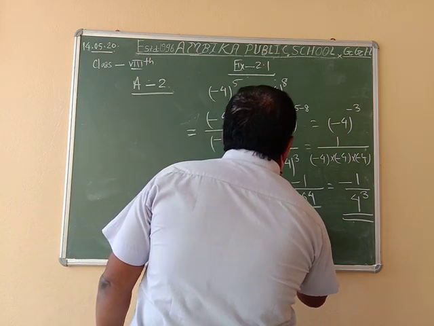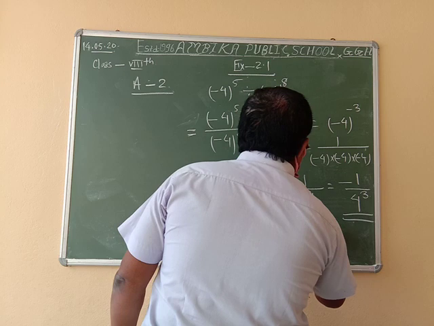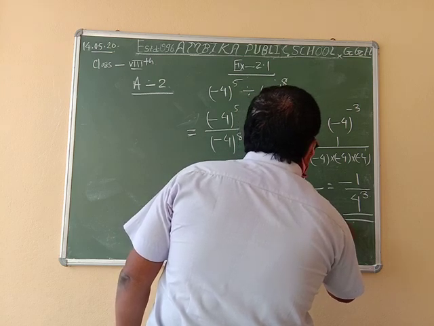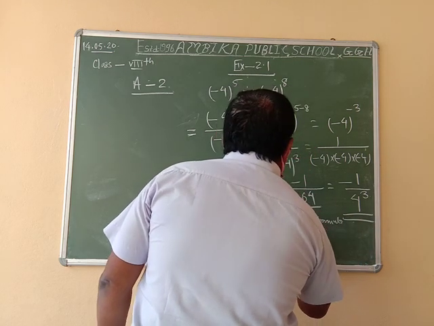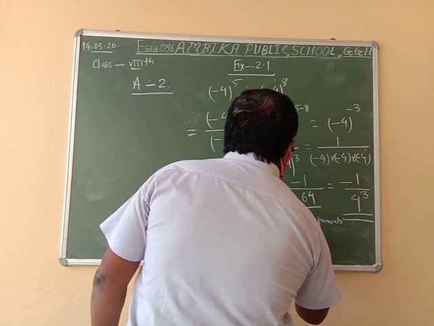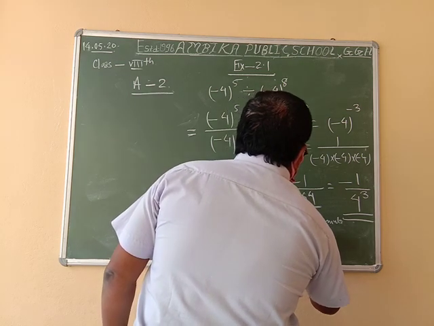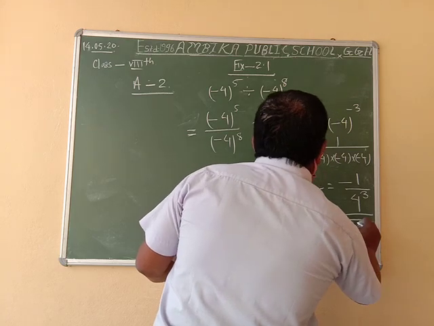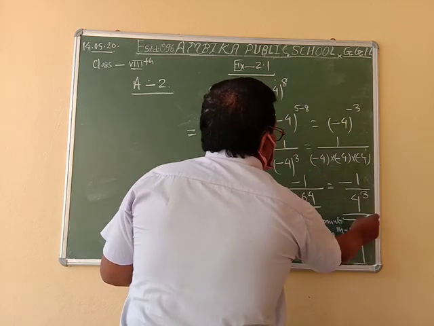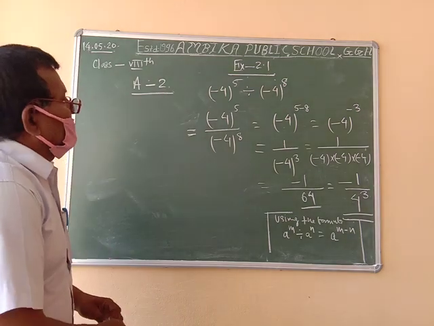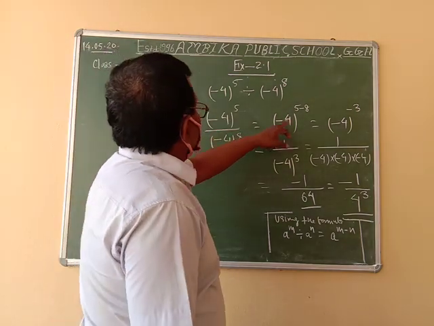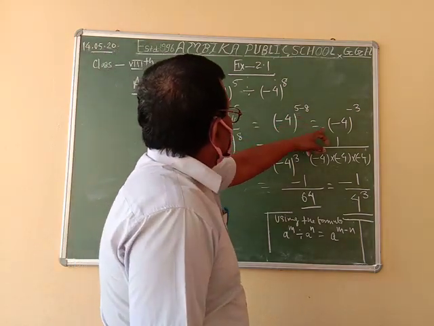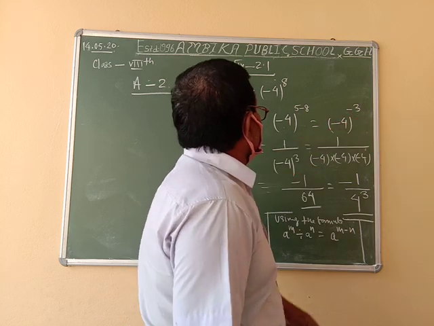Using the formula a to the power m divided by a to the power n is equal to a to the power m minus n, you can simplify this. Minus 4 to the power 5 minus 8 is equal to minus 4 to the power minus 3.